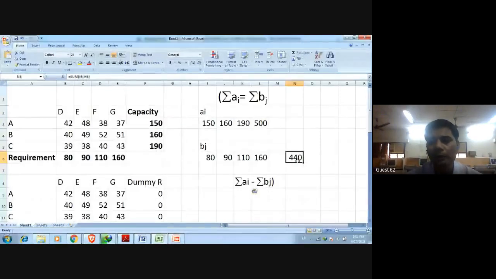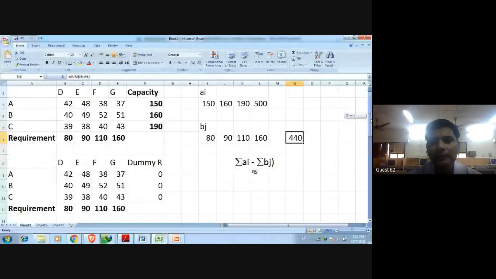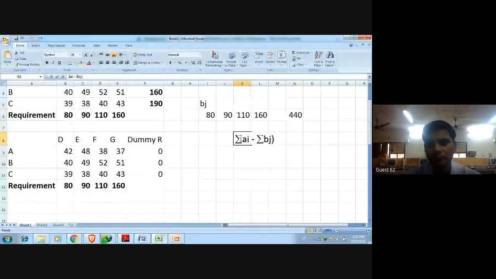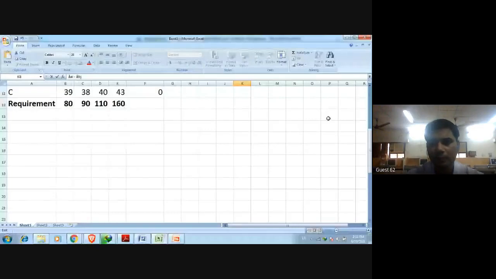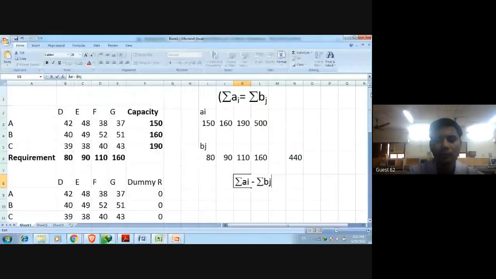So let's apply the formula: summation of AI, that is 500, minus summation of BJ, that is 440.